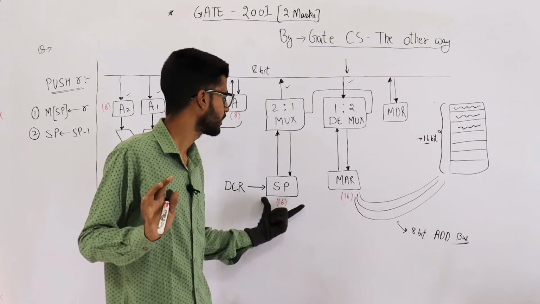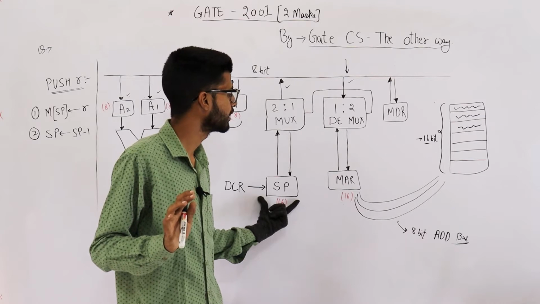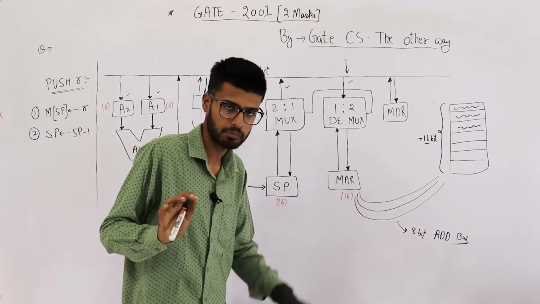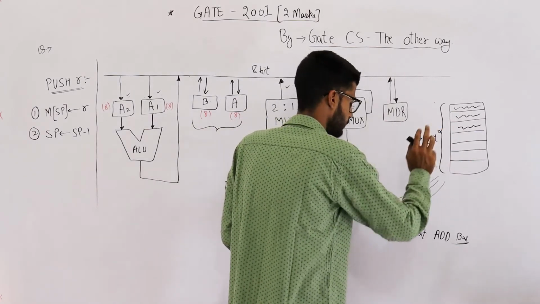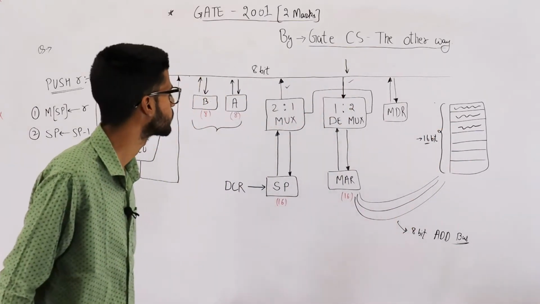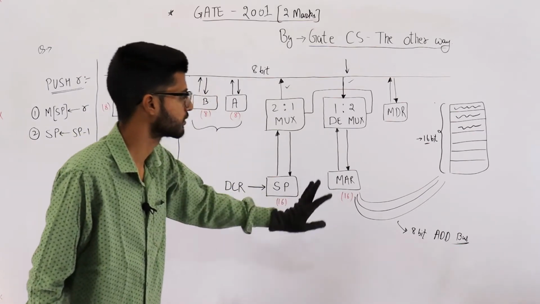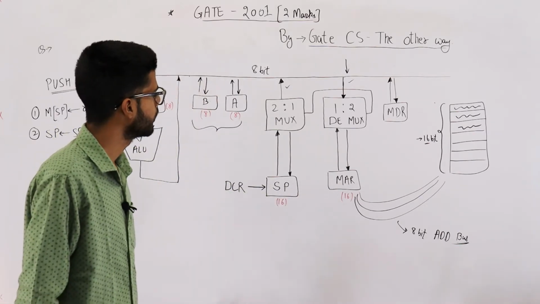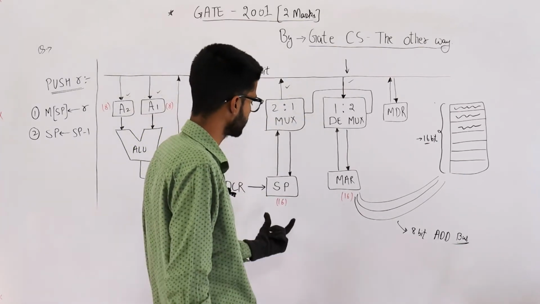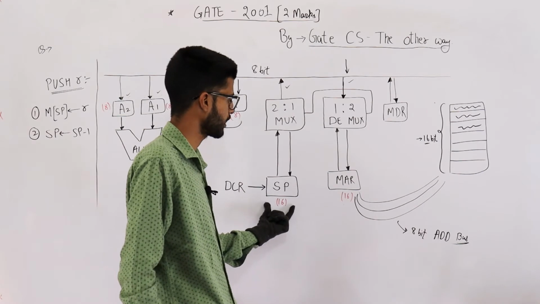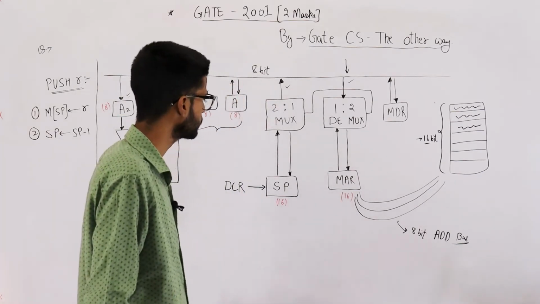That means we cannot access the address without bringing this address into the memory address register, because this is the only register that's connected to the memory for providing an address. So the first step must be bringing this value into this register. Okay. So this data will flow like this. A 16-bit value from the stack pointer goes to the 16-bit memory address register.